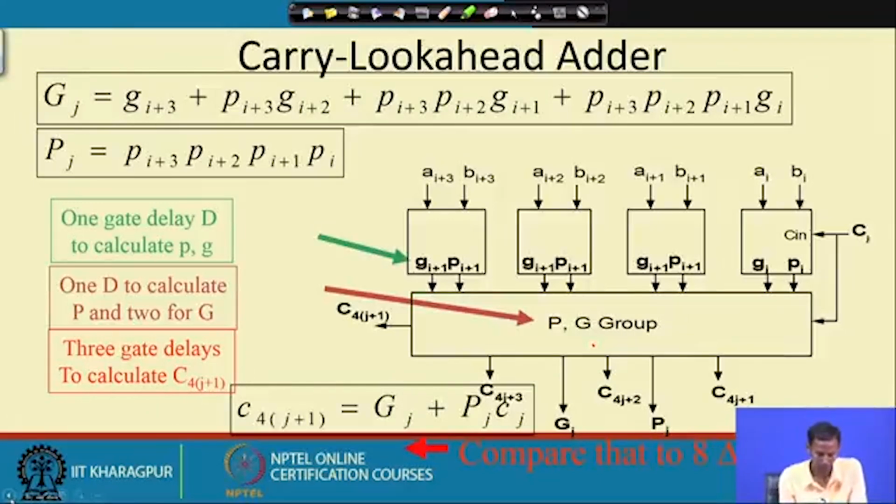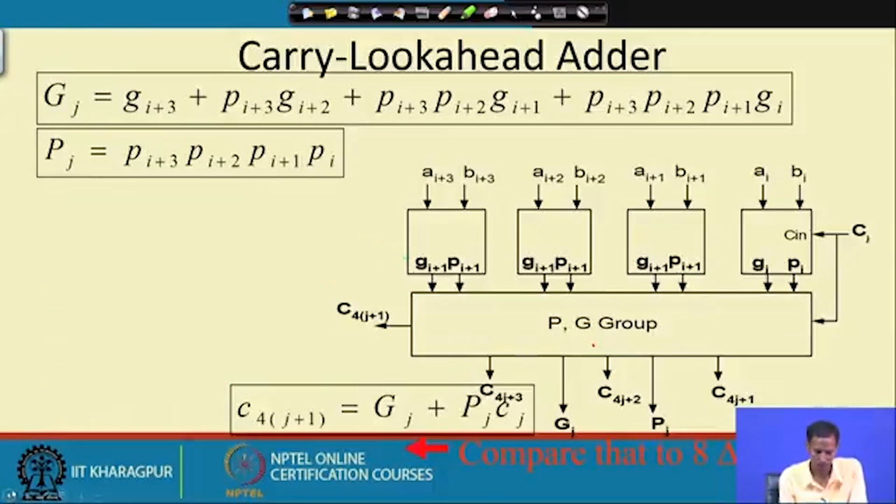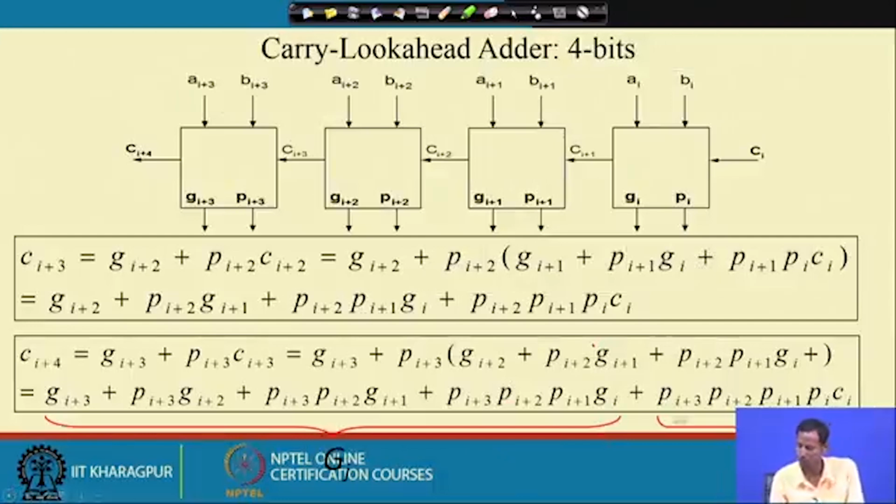Why? If you just go back to this, you see 1, 2, 3, 4, if I just consider this. At that time, this will give me the levels of gates I need for computation of this. Okay. So, this indicates that only.